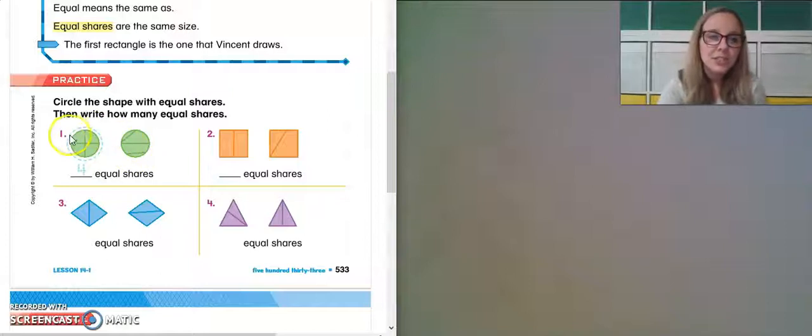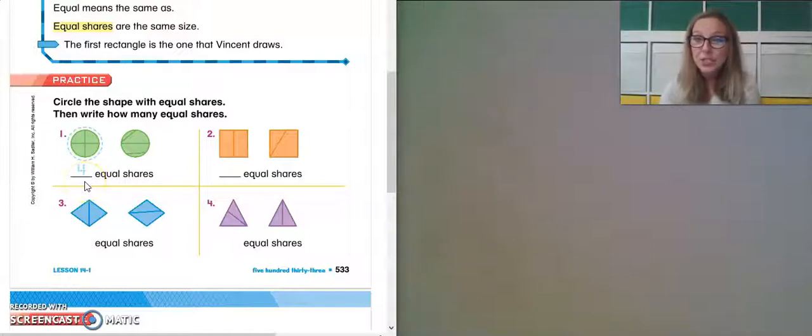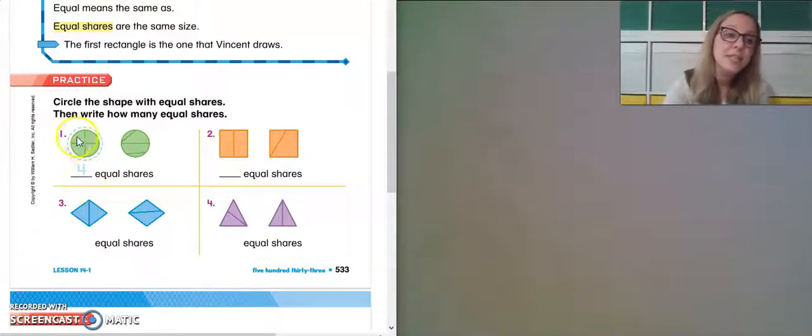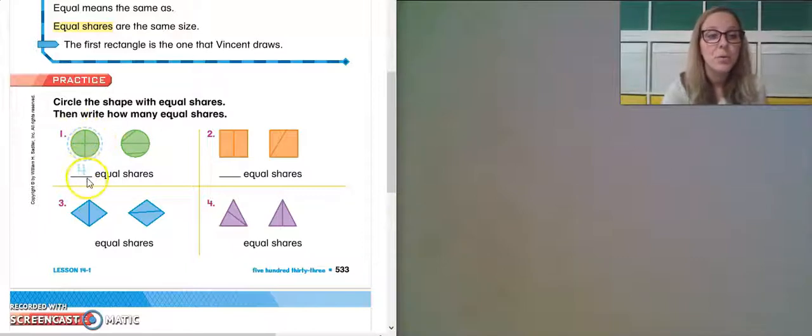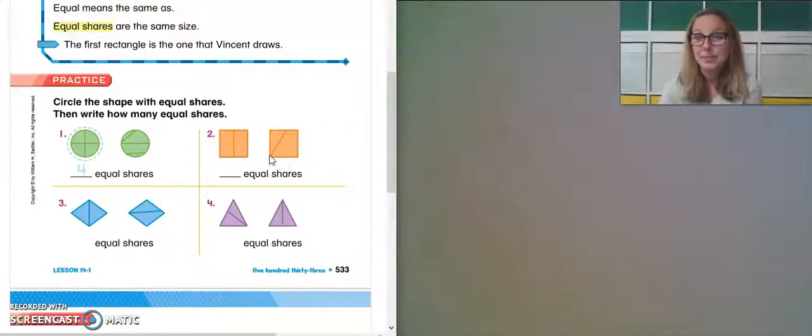So they circled this first circle, and then there are 1, 2, 3, 4 parts or 4 equal shares. Go ahead and trace that number 4 to show that you understand that this circle has 4 equal shares. Now we're going to look here at this orange square, and they are both broken into how many parts?